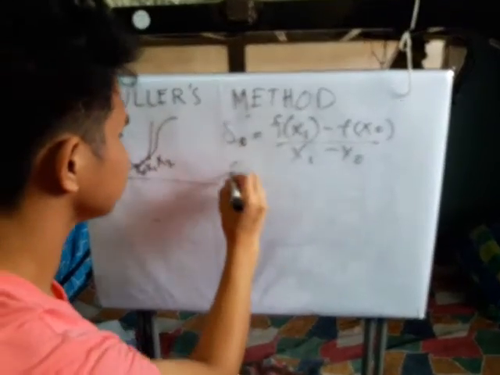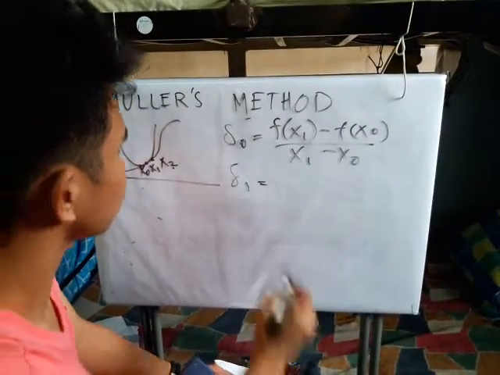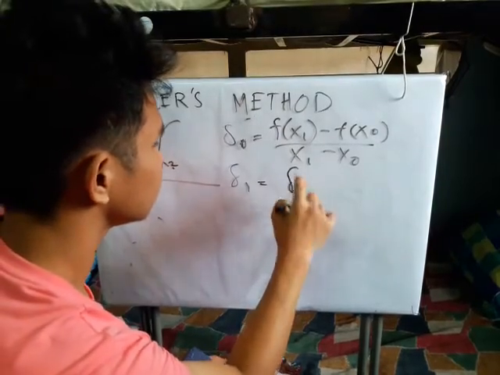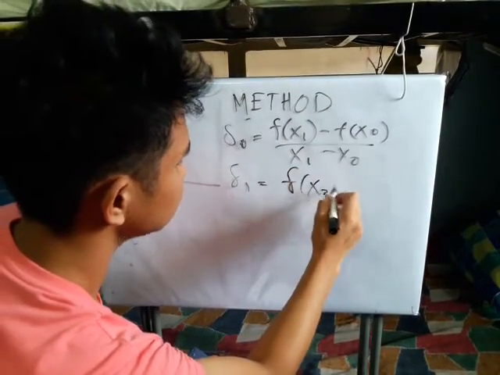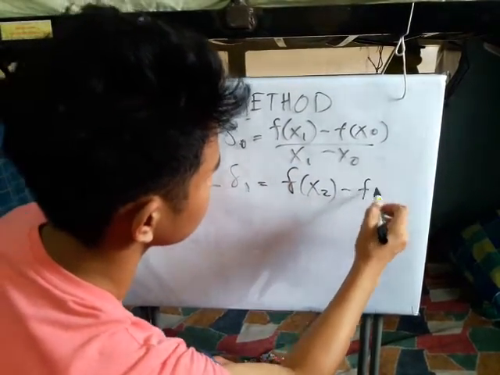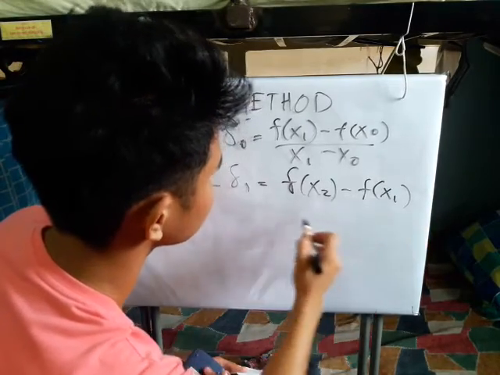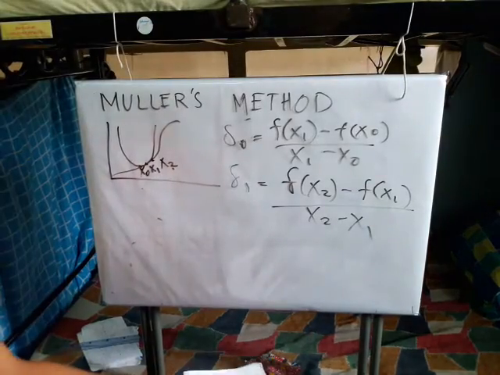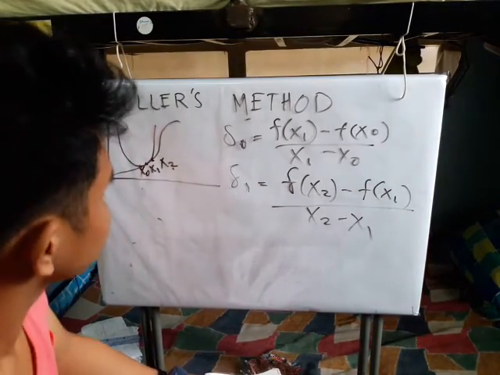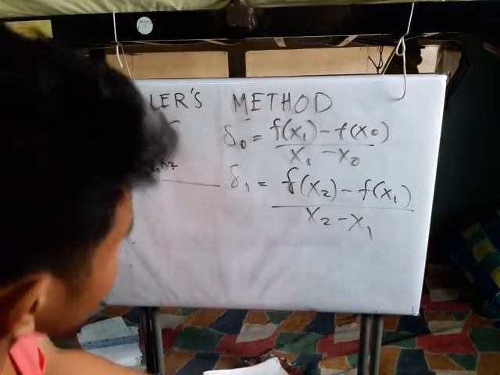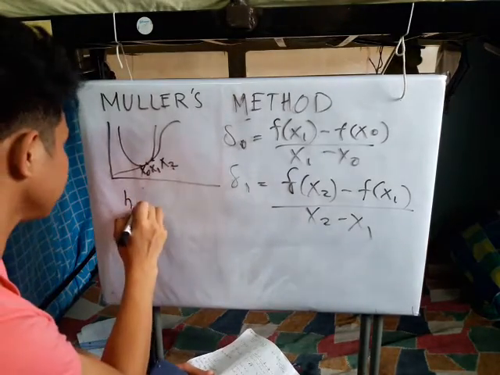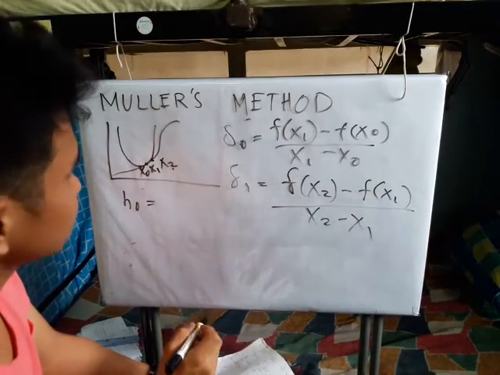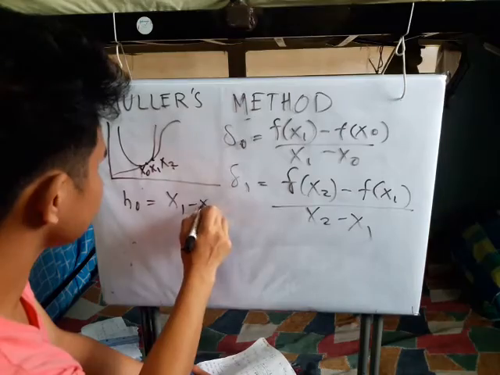For delta 1, we can use the formula f of x2 minus f of x1 over x2 minus x1. And h0, you can equate that to x1 minus x0.